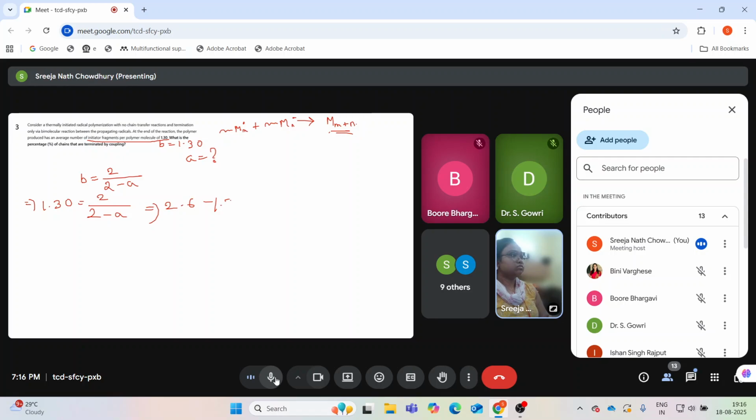So next one. This is your next problem. Quickly read the problem. Styrene is polymerized by a thermally initiated free radical mechanism at 65 degrees centigrade. The initial monomer and initiator concentrations are given. At the polymerization temperature, the initiator efficiency is 0.80.